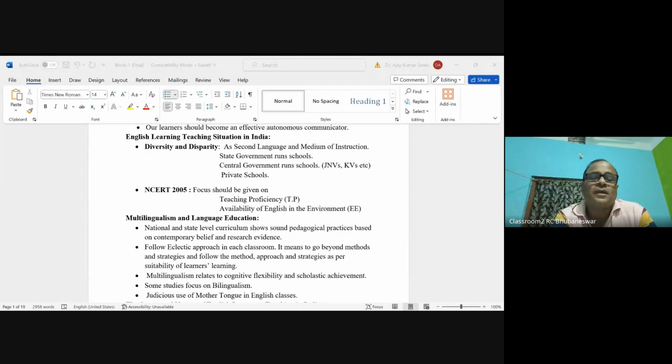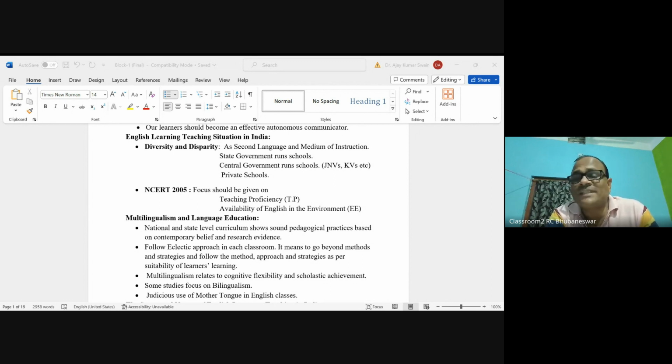Another is availability of English in the environment. The child cannot learn English only in the transaction of a classroom, only learning the textbooks which are supplied by the Board of Secondary Education or, in case of central schools, CBSE or ICSE.